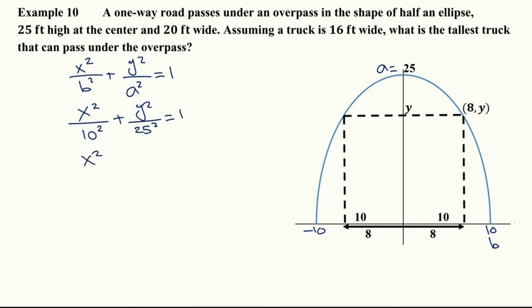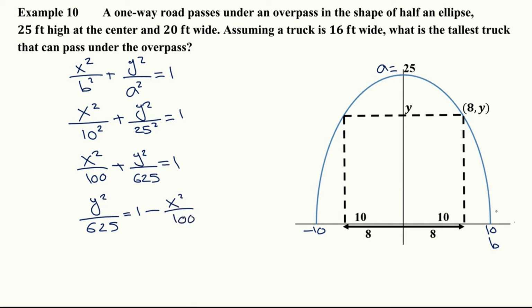We get x squared over 100 plus y squared over 625 equals 1. Now we go ahead and solve this for y so that we can get the equation of this function depicted here. So we get y squared over 625 equals 1 minus x squared over 100.